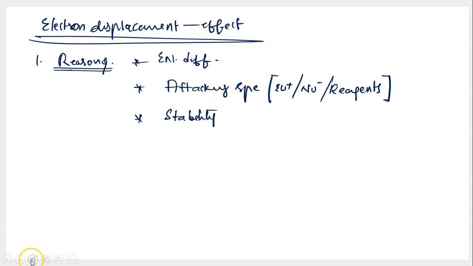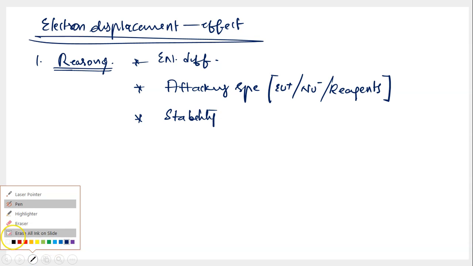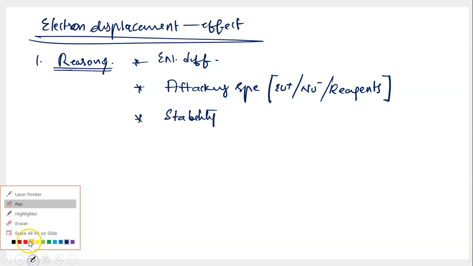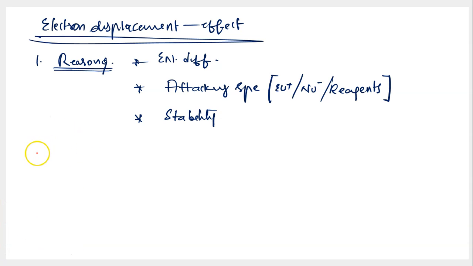Now, because of this electron displacement in covalent molecules, what consequences do we get to see? What are the effects that we observe due to this electron displacement? There are a few effects and we are going to list them one after the other. The very first electron displacement effect is inductive effect.